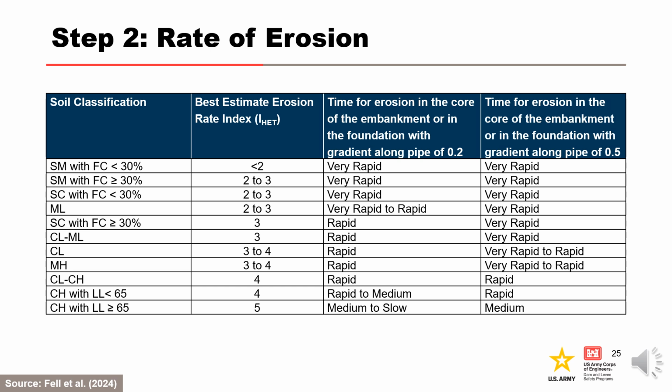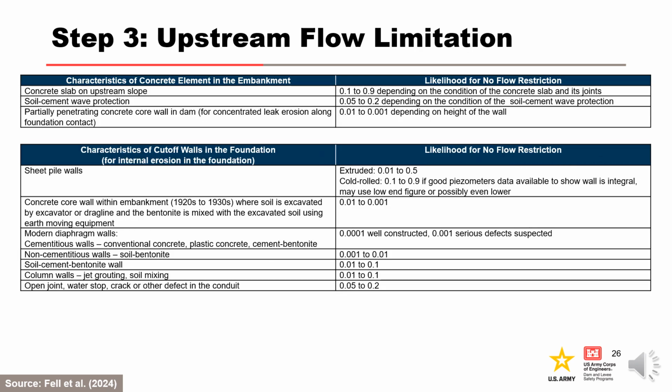In this table, erosion resistance increases from top to bottom. Therefore, the rate of erosion also decreases from top to bottom. These qualitative terms are used in the approximate method. In step 3, we assess the likelihood of any upstream flow limitation. We utilize the previous evaluation from the progression phase.